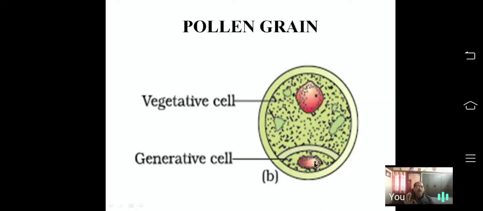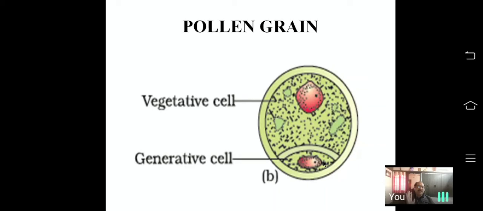It undergoes mitotic division. Which division? Mitotic division, and produces 2 daughter cells. Each daughter cell develops into a male gamete, sperm or spermatozoa.